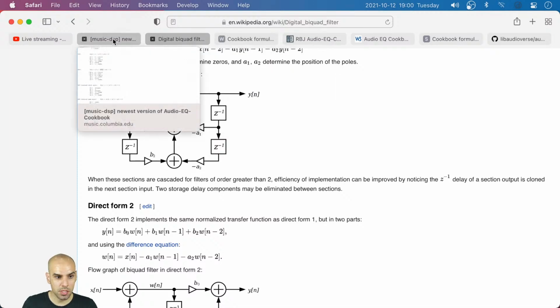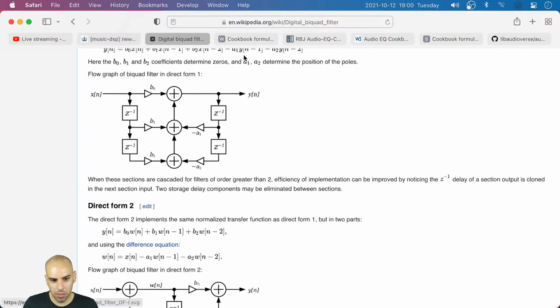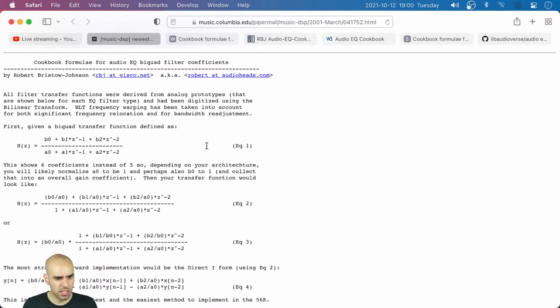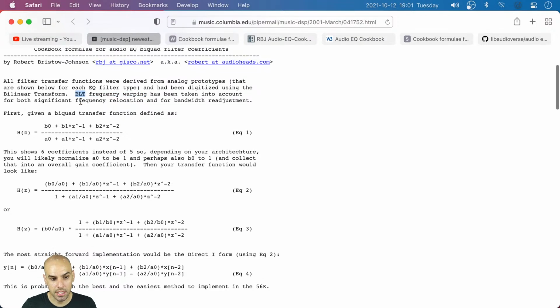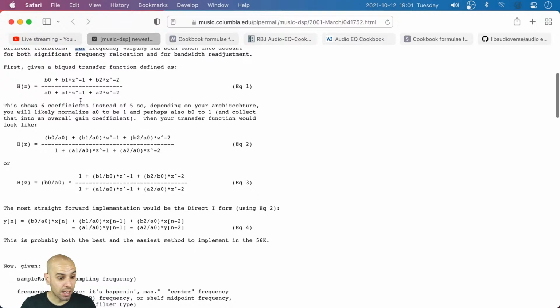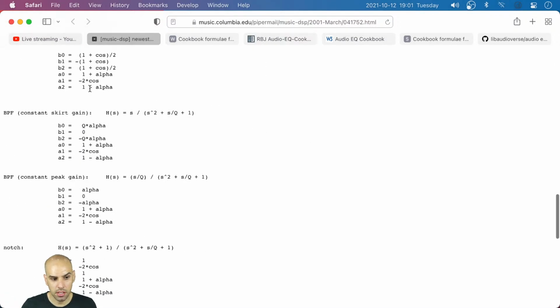Okay, so you use this BLT thing, which is just a mathematical way of reasoning about this circuit. And you have to do a lot of work to make sure that this is going to pan out correctly. For instance, you have to take into account the frequency warping. I'm not 100% sure I understand everything that goes into this. I don't know how to do the bilinear transform myself. But what comes out of this is these sets of equations.